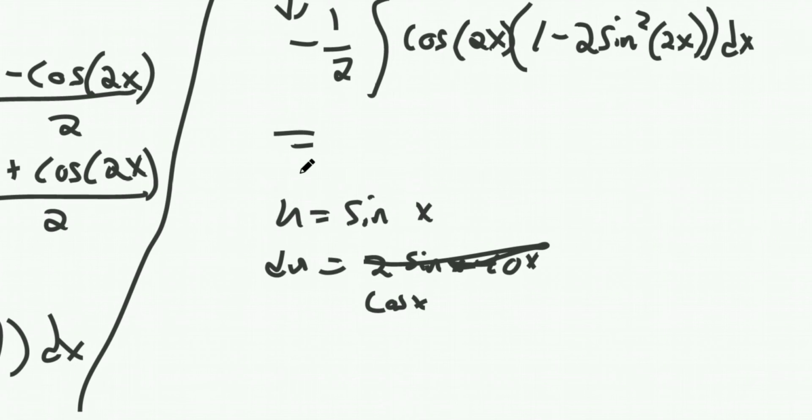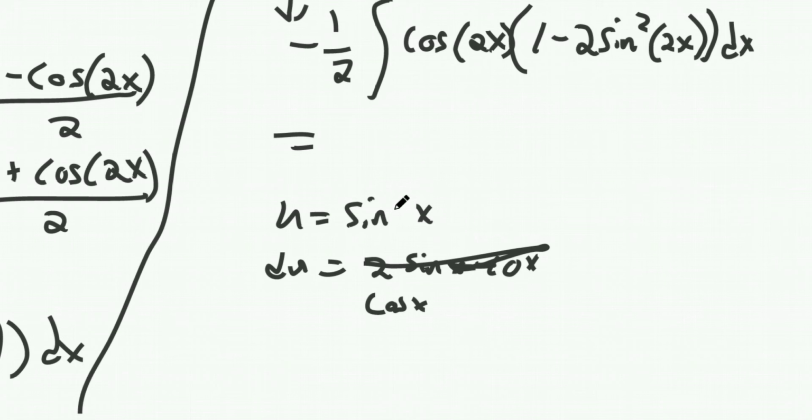That way I have a sine involved, and that way I can let u be sine of 2x, and so the derivative of u is going to be 2 cosine 2x. Okay, the derivative of u is 2 cosine 2x, so I've almost got that out here. I just need to put a 2 in here, which means I need to factor out another 1/2 on the outside here.